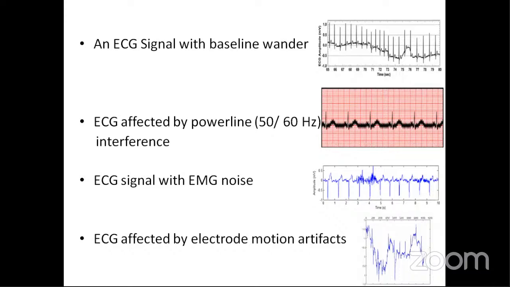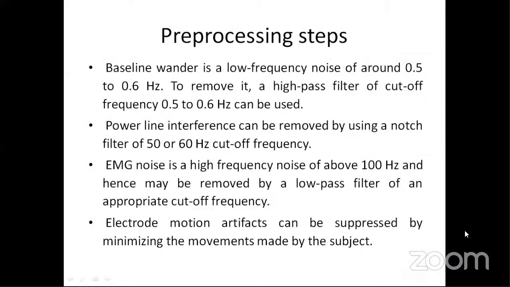So these are all the ECG waveforms with different noises: baseline wandering, power line interference, EMG noise, and motion artifacts. After eliminating these interferences, you can go for the next steps: QRS complex detection, heartbeat detection, and abnormality detection.